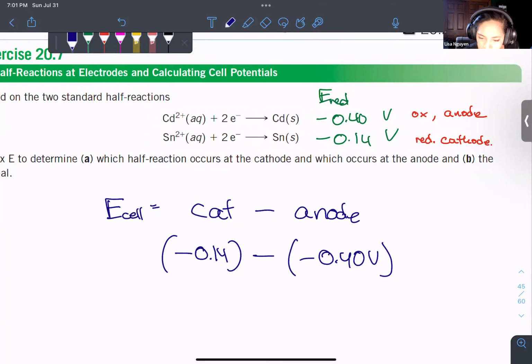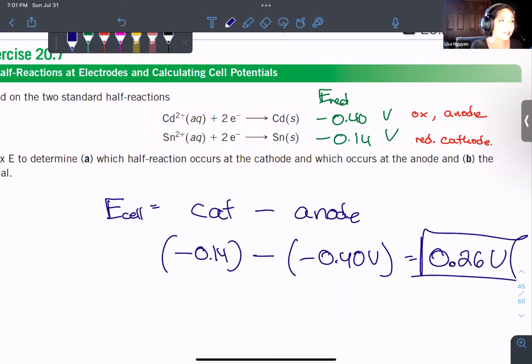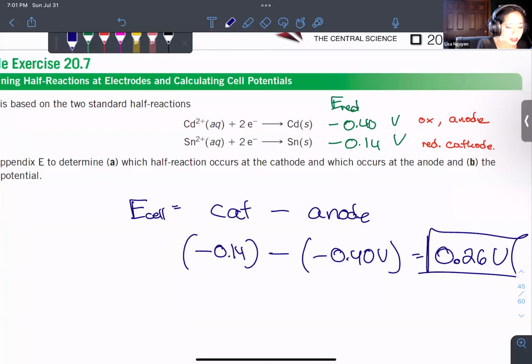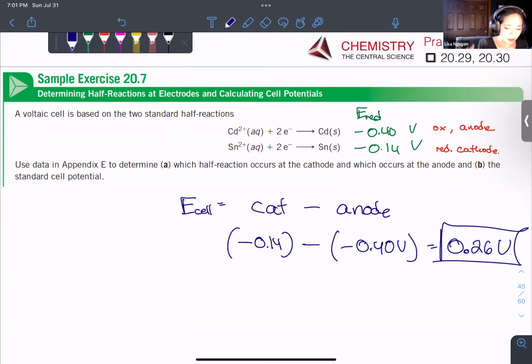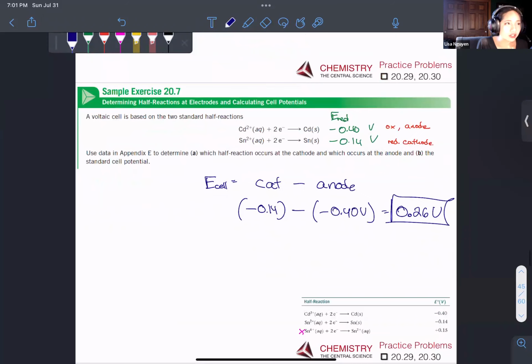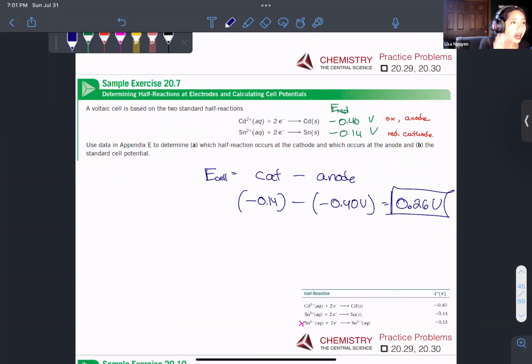Setting it up in this way gives us the most positive value, 0.26 volts. If you identify it incorrectly, you will get a negative cell potential, and we should know that that is not a spontaneous reaction as written. Okay, so there we go. It's just plug and chug, but recognize how you can use reduction potentials to set it up in a way that gives you a spontaneous reaction.